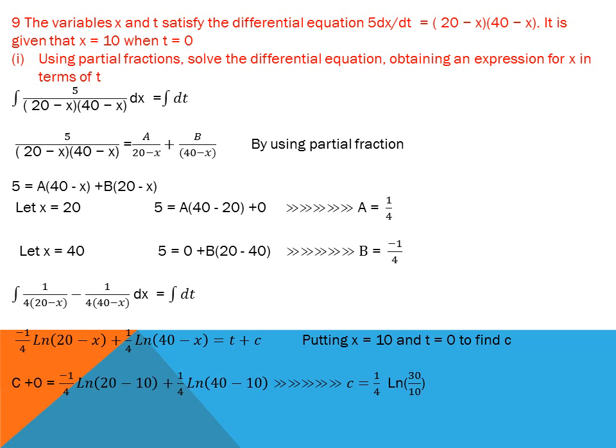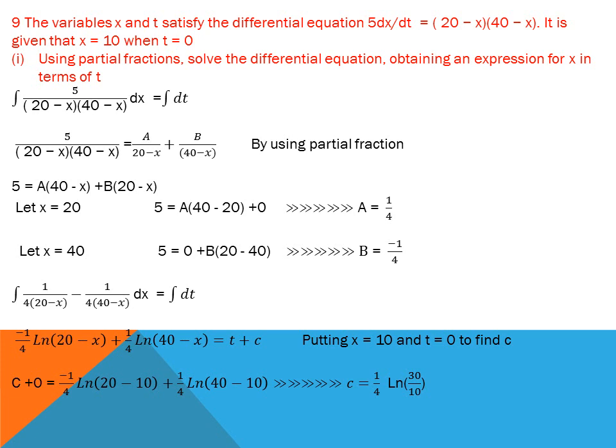For the integration purpose, first we use partial fractions to simplify the left hand side. 5 over (20 minus x) into (40 minus x) is equal to a over (20 minus x) plus b over (40 minus x). It's a simple partial fraction because it's a linear function.